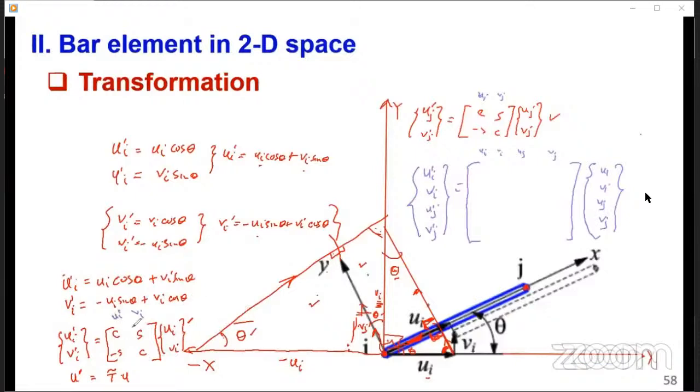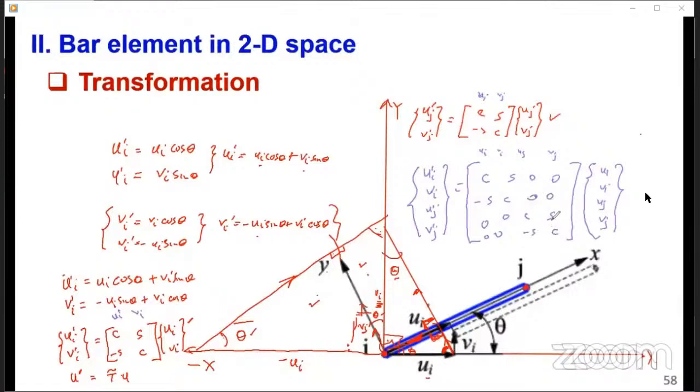With that we can look at common terms. For ui prime and ui, we have cos. Here is j, so they are not sharing the node. When you do this, you're going to have cos sine minus sine cos 0, 0, and 0, 0, 0, 0. I'm doing this faster because you are already familiar with the superposition method.